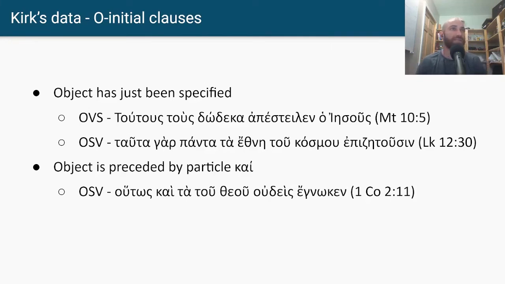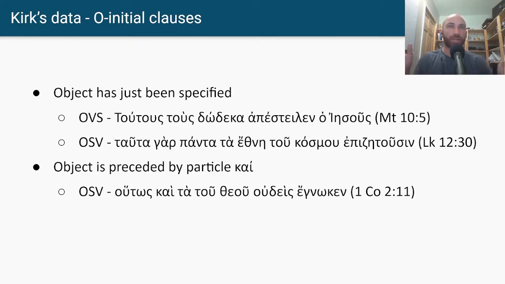She also has examples where the object is preceded by the particle kai. This is an important point: kai can be a conjunction or what she is calling a particle. When it's a particle, it's often translated as something like "also" or "even," and that's normally associated with a focus position. As a conjunction, it's not doing this.